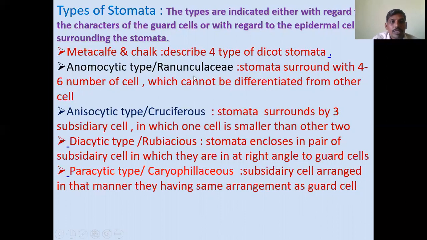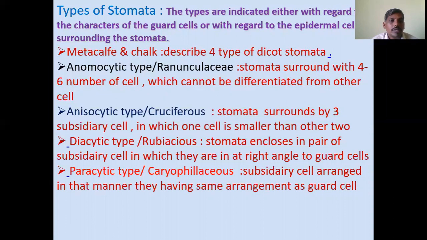First, anomocytic type or ranunculaceous type. In this stomata, the guard cells are surrounded by 4 to 6 cells which cannot be differentiated from other epidermal cells, which look like the same type of epidermal cells.